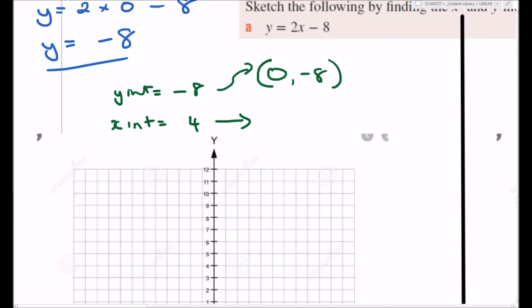And then for the coordinates of the x-intercept, x has the actual intercept, but y is instead 0. See how they're reversed. So for the y-intercept, x is 0. For the x-intercept, y is 0.